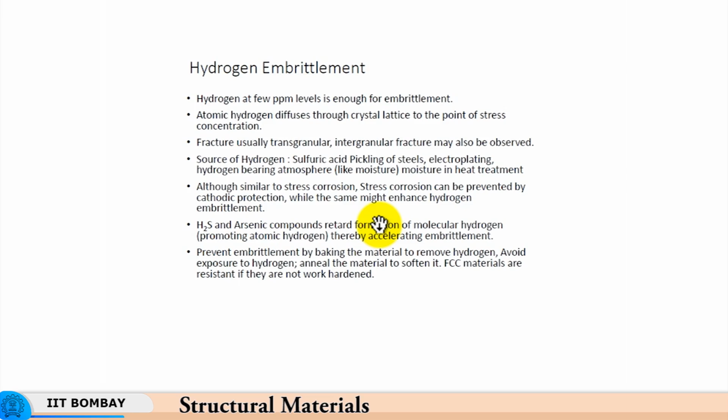So, to prevent embrittlement, one can bake the workpiece before use, so that hydrogen gets removed, and then do electroplating or other processes.